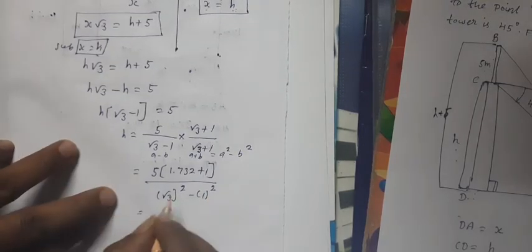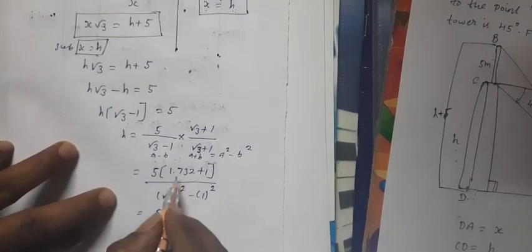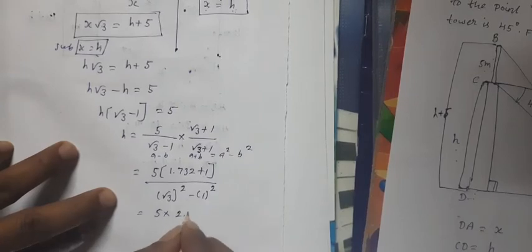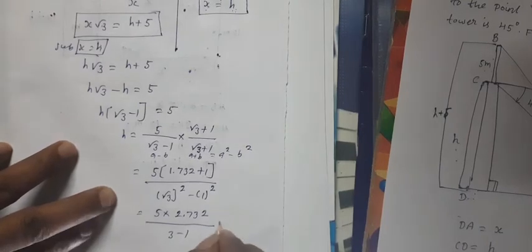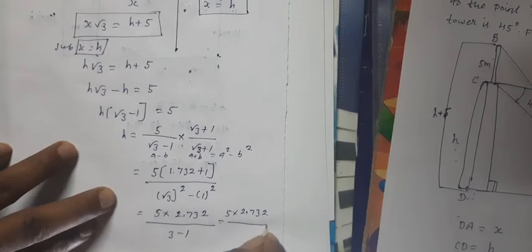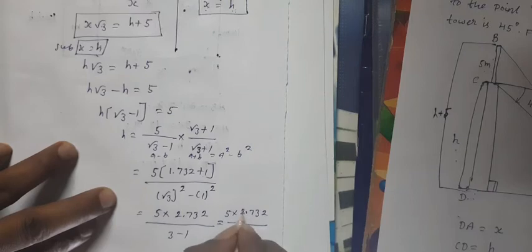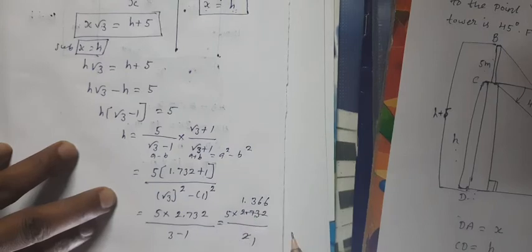So we get 5 into root 3 plus 1, which is 1.732 plus 1, by 3 minus 1. So we get 5 into 2.732 by 2. We can cancel this: 2 ones are 2, 3 twos are 6, balance 1, 6 twos are 12.